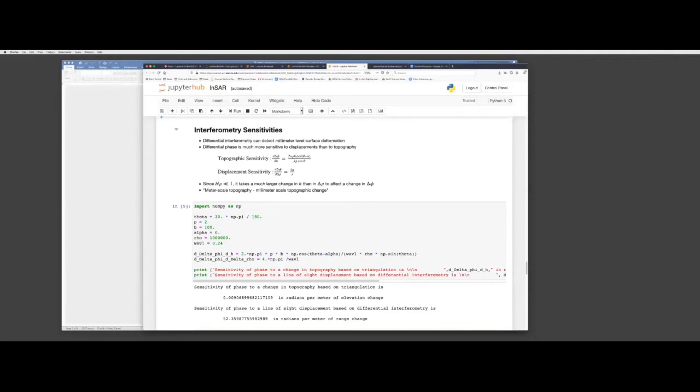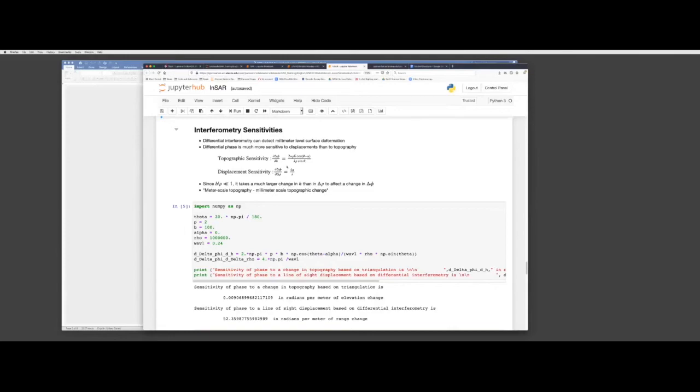This number, b over rho, is very, very small typically. The baselines are on the order of, let's say, 100 meters or even 1,000 meters, and the range is usually on the order of, say, 1,000,000 meters. So this ratio is very small, and the sensitivity, that derivative, is quite small.